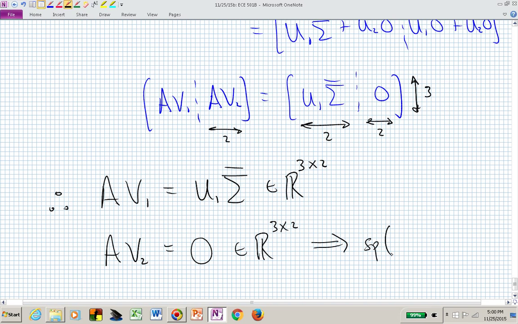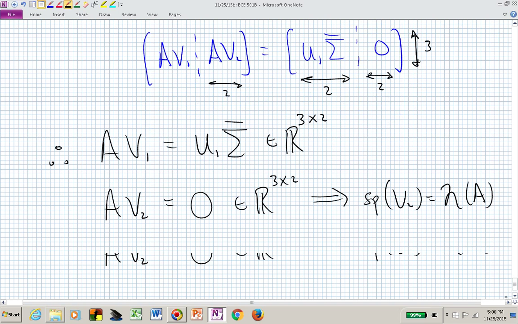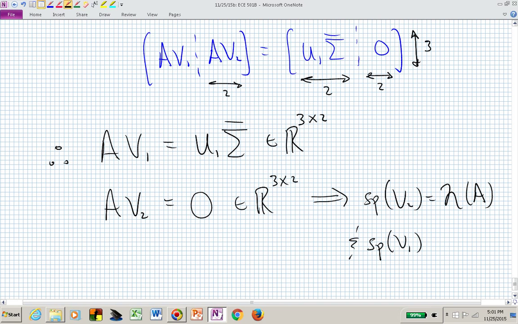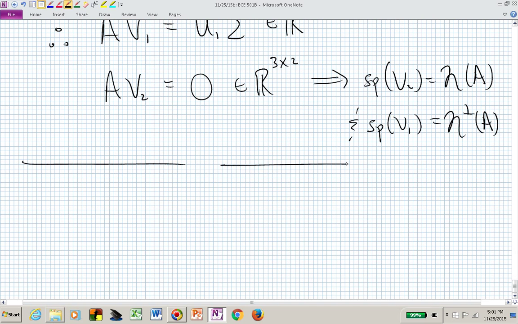This now says that the span of V sub 2 gives us a basis for the null space of A, and the span of V1, since it's orthonormal to V2, is spanning the orthogonal complement of the null space of A. You can take that and actually form a conclusion, or find basis vectors for the 4 fundamental subspaces of a matrix.